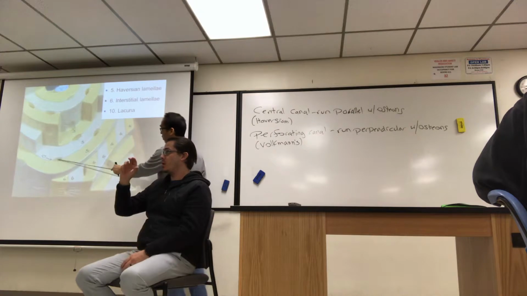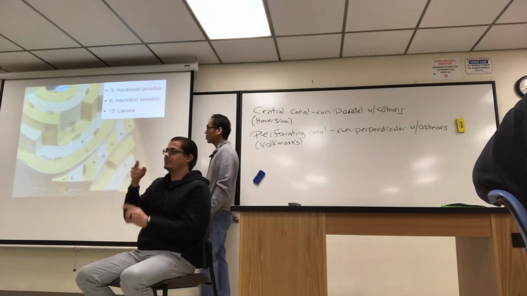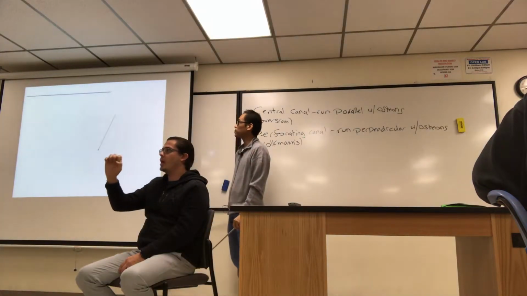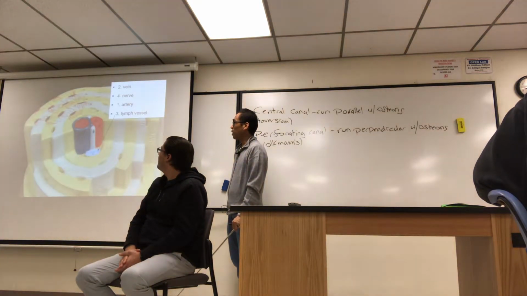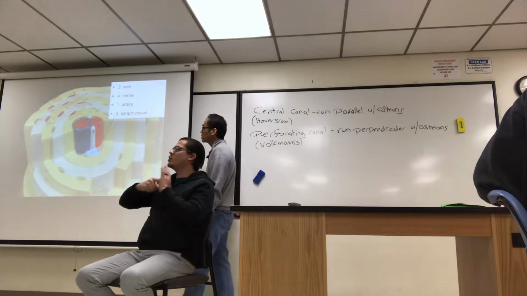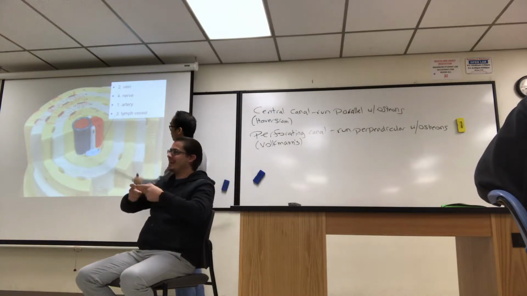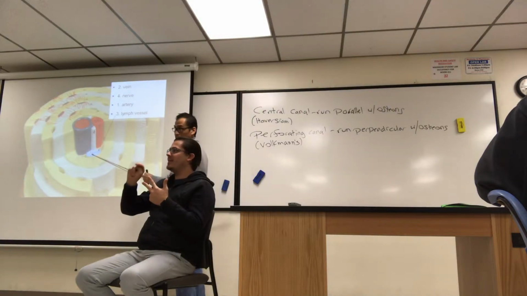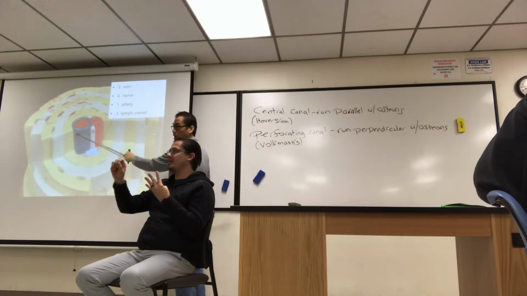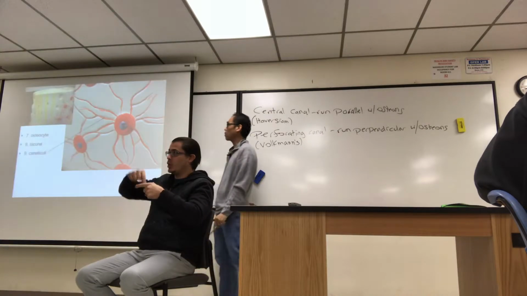Number 10 is pointing to one. I could point to any of them. Lacuna. This is pointing to the structures inside: nerve, artery, vein, a lymph vessel. Okay, all in the central canal or Haversian canal.